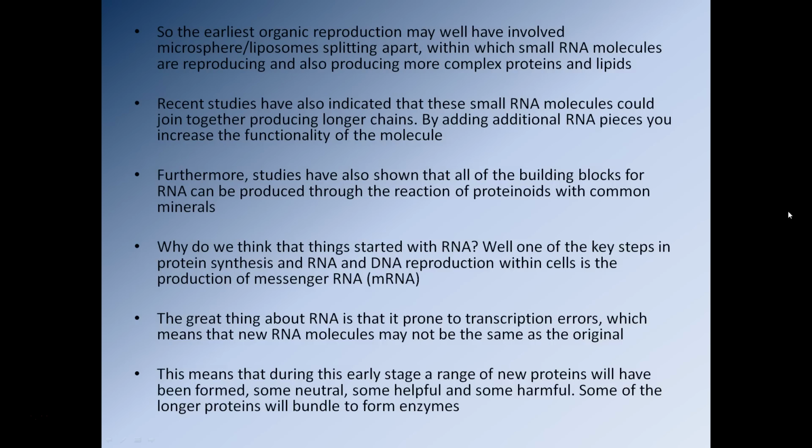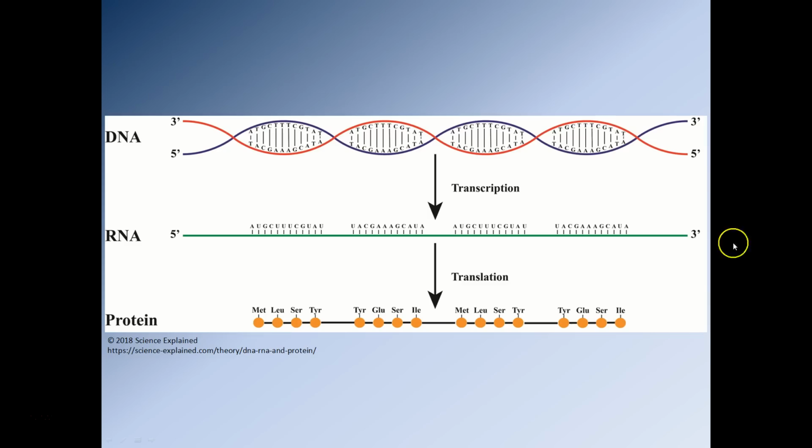Now, the great thing about RNA is this. RNA is very, very prone to transcription errors. So every time you take an RNA molecule and you copy it to make a new RNA molecule, there are going to be mistakes. And those mistakes are good because, as I said, each three of these base pairs here represent a different amino acid. So if you make a mistake and you change one of the base pairs, you can have a different amino acid, a new amino acid slotting in.